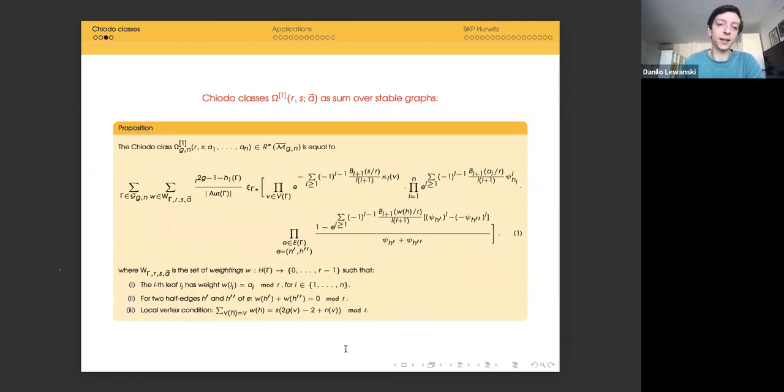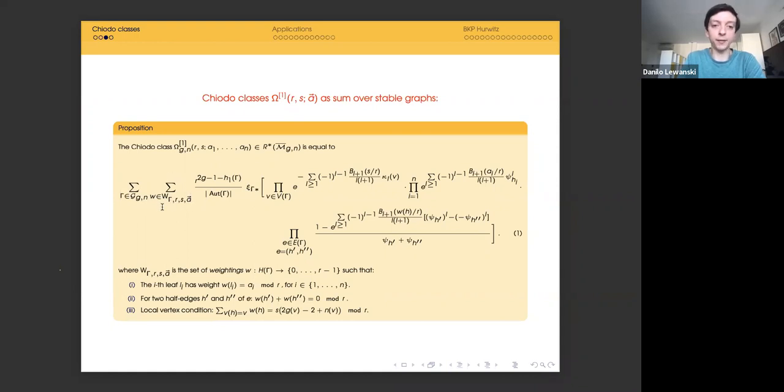So in fact, you can produce a formula as a sum over stable graphs. By stable graphs, I mean just graphs in which every vertex is decorated by a genus, and every component of this vertex is stable, meaning that every genus 0 has at least 3 special points, and every genus 1 has at least 1 special point. And then the sum over gamma is the sum over stable graphs, and the sum over w is the sum over decorations.